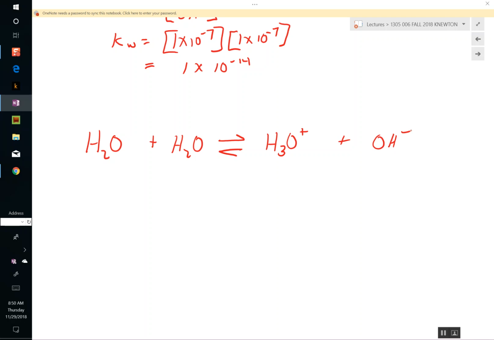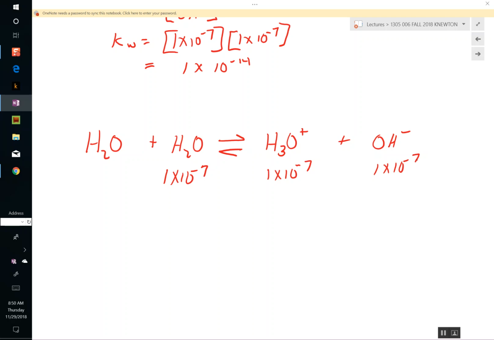And how much of this will do this? Well, 1 times 10 to the minus 7th moles of water per liter of water will do that. That's not a lot of water. And you'll get 1 times 10 to the minus 7th moles of this and 1 times 10 to the minus 7th moles of that. That's where that Kw is coming from.